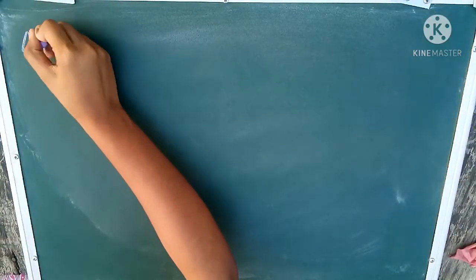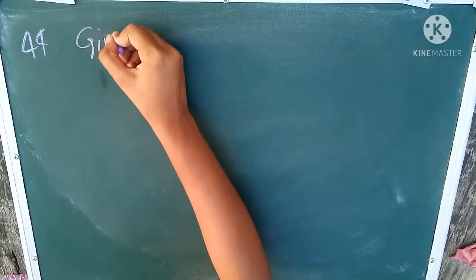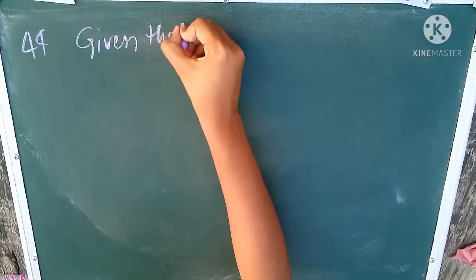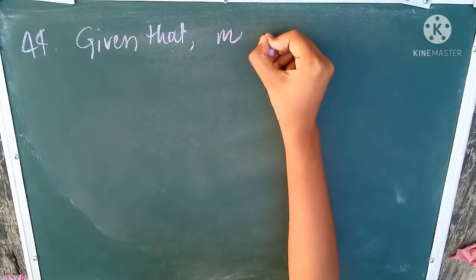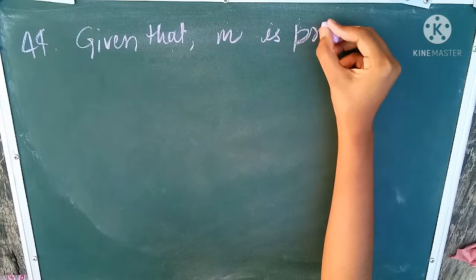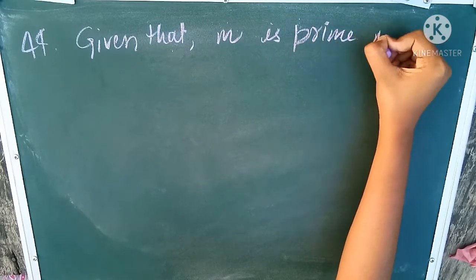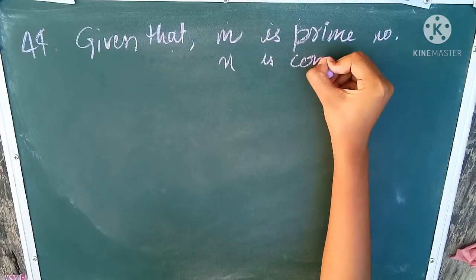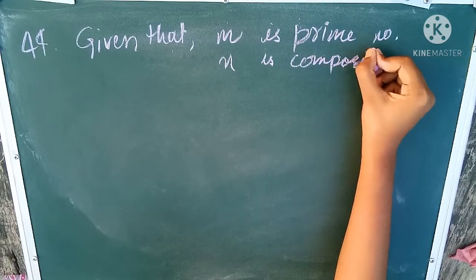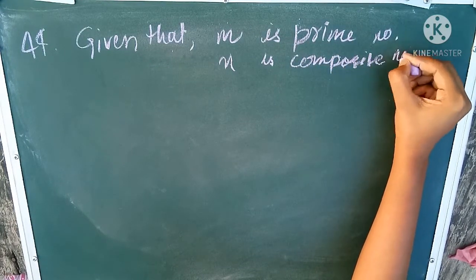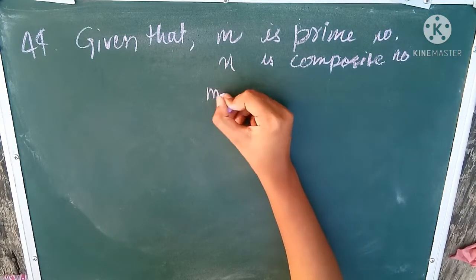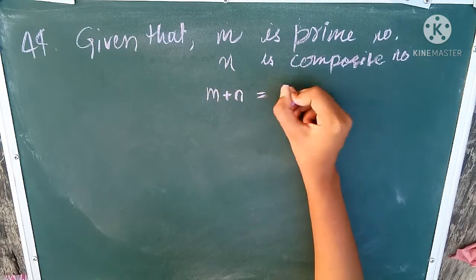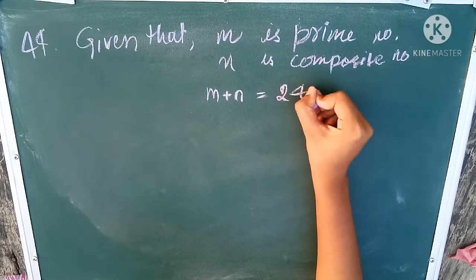It says that given that m is a prime number, and n is a composite number, and thirdly the sum of m plus n is equal to 240.